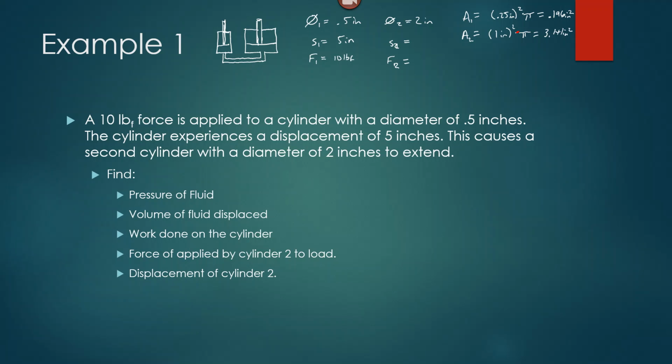So our pressure at 1 is equal to force divided by area, so 10 pounds force divided by 0.196 inches squared equals 51 pounds per inches squared.